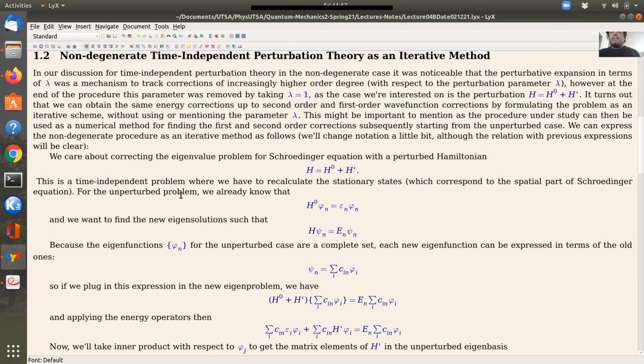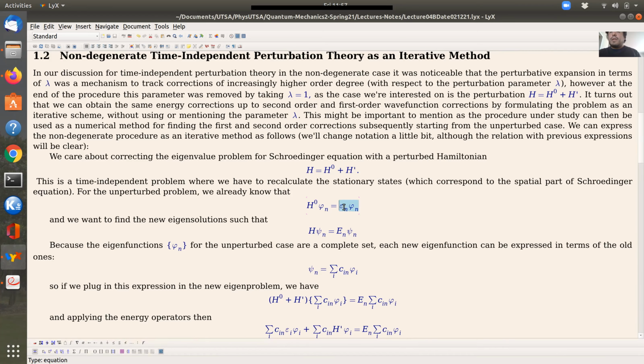For the old Hamiltonian H naught, we have H naught phi n equal to epsilon n phi n. Notice this is where I am using the new notation. I'm using epsilon for the old eigenvalues, or the old energies, but never mind. And we want to find the new eigensolutions.